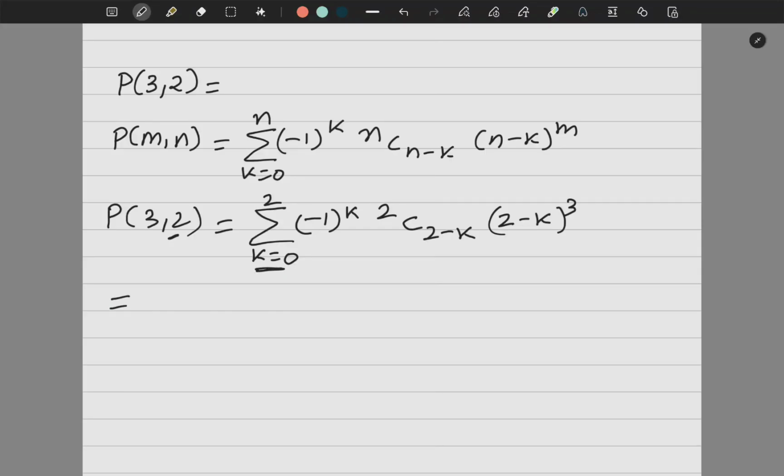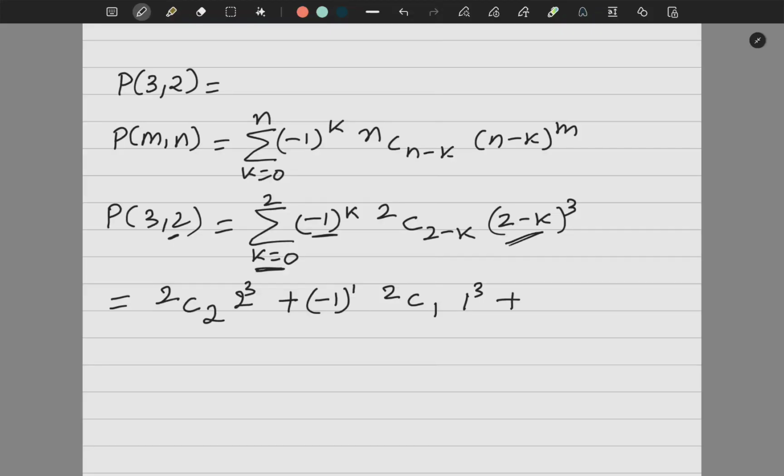First you put k equals 0. When you put k equals 0, (-1)^0 is 1, so 2C2 and 2 to the power 3. Then plus, now put k equals 1, so (-1)^1, 2C1 and 2 minus 1 is 1, 1 to the power 3. Then plus, now I will put k equals 2.